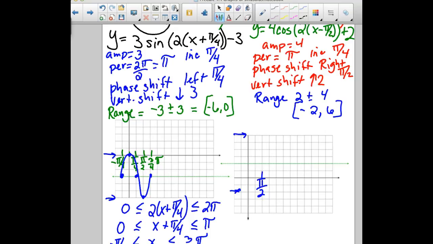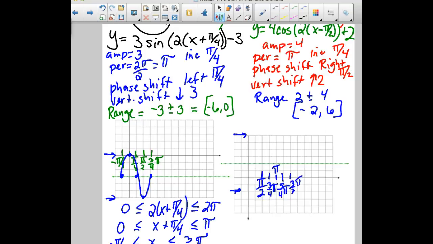So if we're starting at 2/4, my next tick mark would be 3/4. My next would be 4/4, which is just pi. Then I'm at 5/4. And then I'm at 6/4, which would be 3/2.